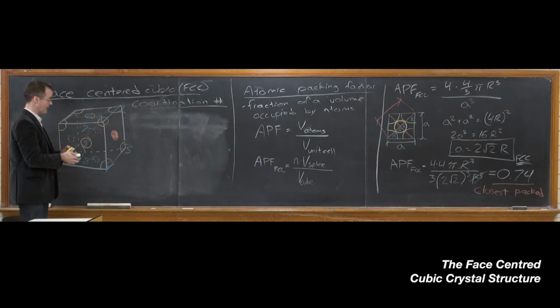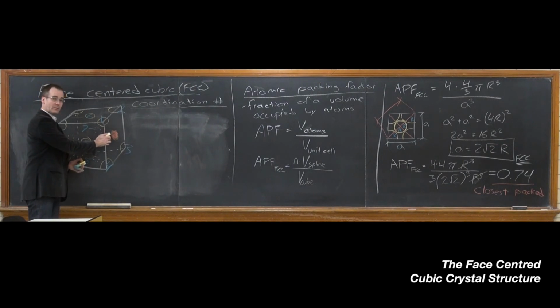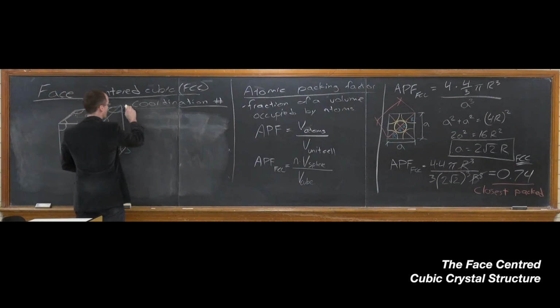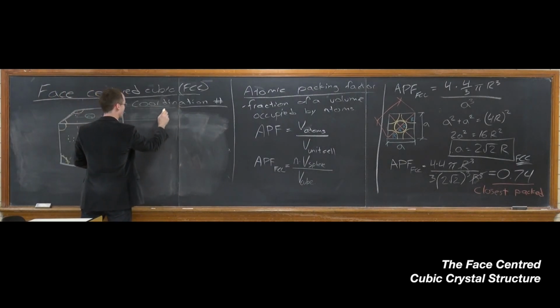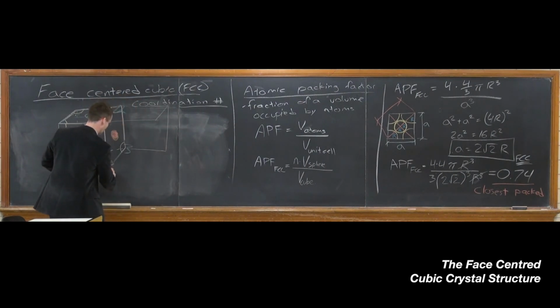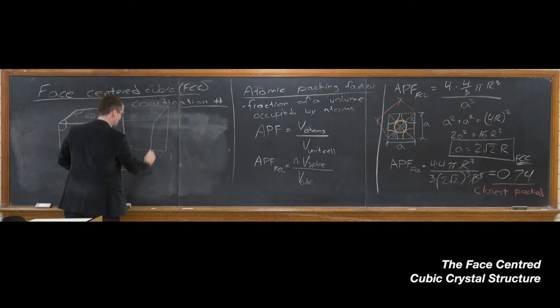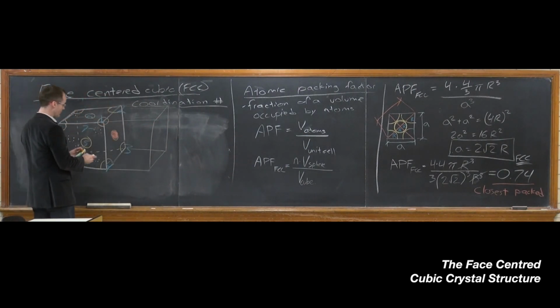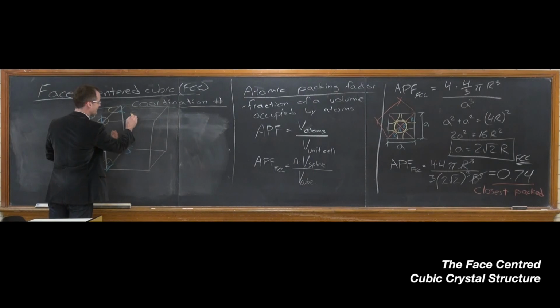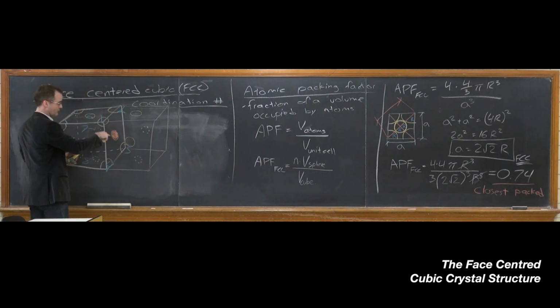But the story doesn't end there, because of course this atom here is shared between this unit cell we've drawn and another one that exists but I haven't yet drawn to the right. And so if I draw in the unit cell that also exists to the right, you'll realize that there's 4 more face-centered atoms on the top, on the front face, on the bottom face, and on the back face that are also touching this right side face-centered atom in our unit cell.